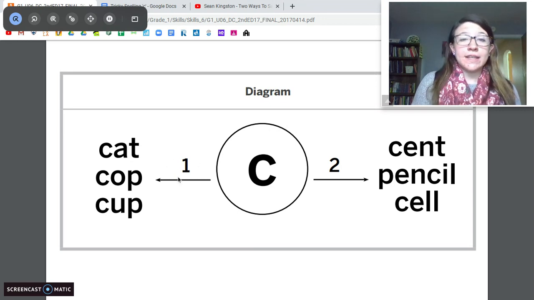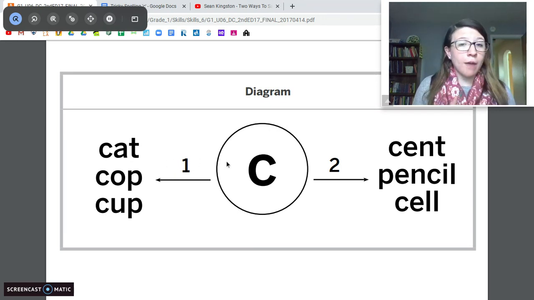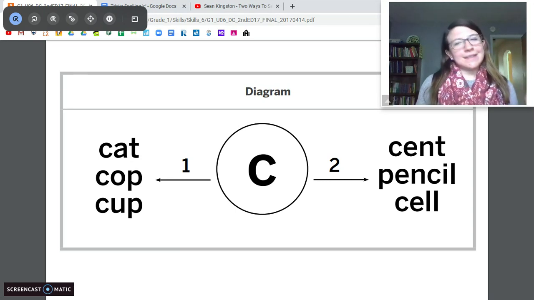The reason the 1 is here is because this is the most common sound for the letter C. So if you're reading, more often than not, the C is going to make the K sound. Okay? So try the K sound on your C first. However, that's not always the case because C is a tricky letter. So we got to learn both ways.